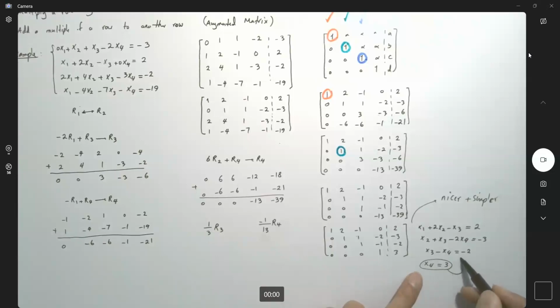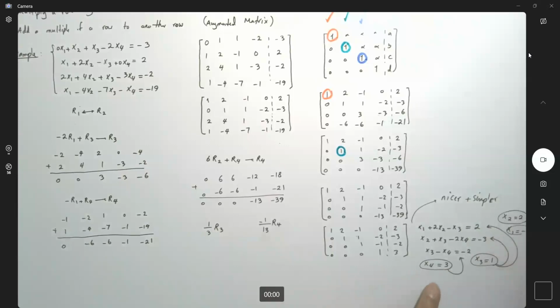I can substitute that in the equation including x3 and x4, and solve for x3. x3 becomes 1. Now I can use x4 and x3 to solve for x2 and x1. My x2 becomes 2, and my x1 becomes negative 1.